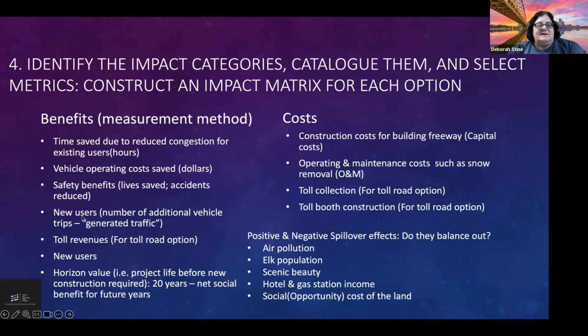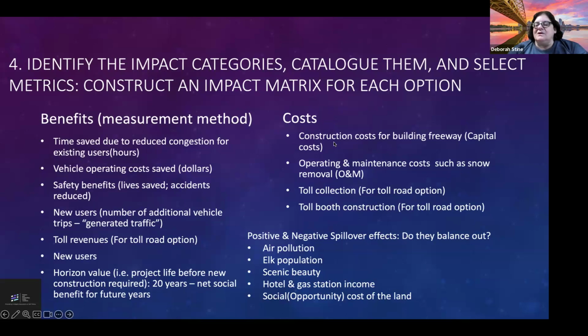You looked at the new users, so that they would have more ability to travel the road. Toll revenues, in case of the toll road option, and then the horizon value, which is basically the project life. So basically thinking about how long these interventions would last.